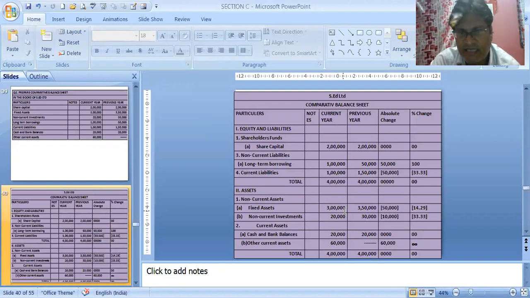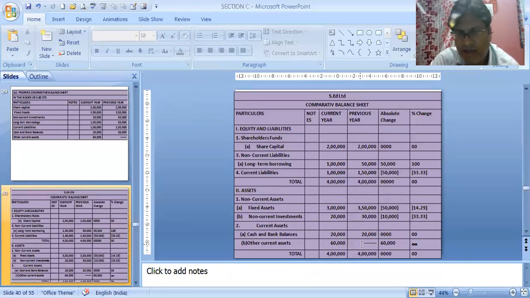Again, in fixed assets, 3 lakhs minus 3 lakh 50 thousand is minus 50,000. So 14.29, because minus 50,000 divided by 3 lakh 50 thousand into 100. Then 10,000 minus 20,000 minus 30,000: 10,000 divided by 30,000 into 100 is 33.33. Then 20,000 minus 20,000 is 0, so there is no change.